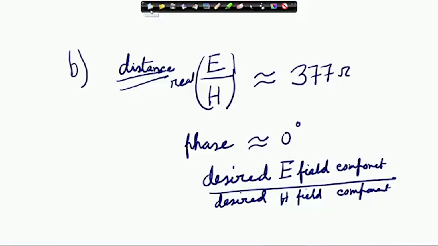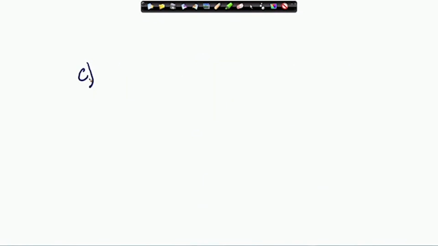And the third criterion is the distance at which the field should vary as 1 by r predominantly, not by 1 by r square or 1 by r cube, etc.